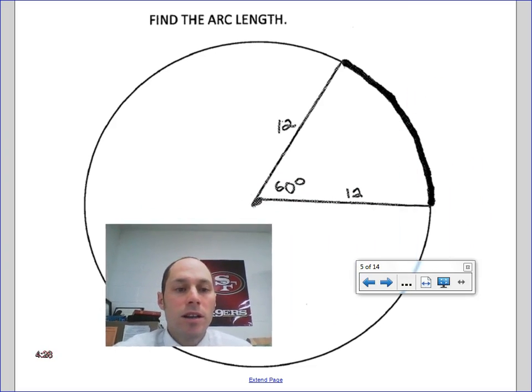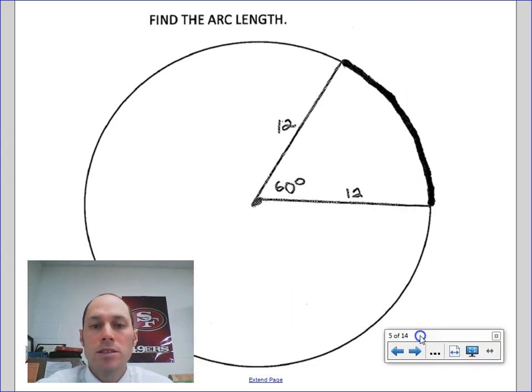Now as we talk about arc length, if I've got a central angle that's 60 degrees, I know its arc measure will also be 60 degrees. So I want 60 out of 360.